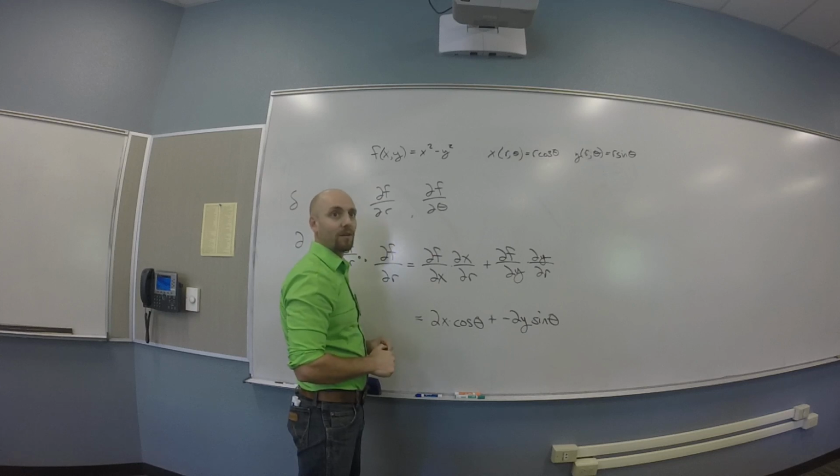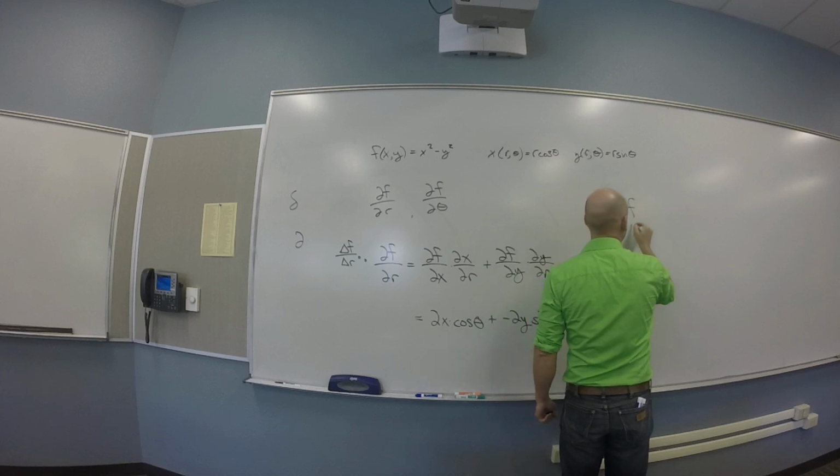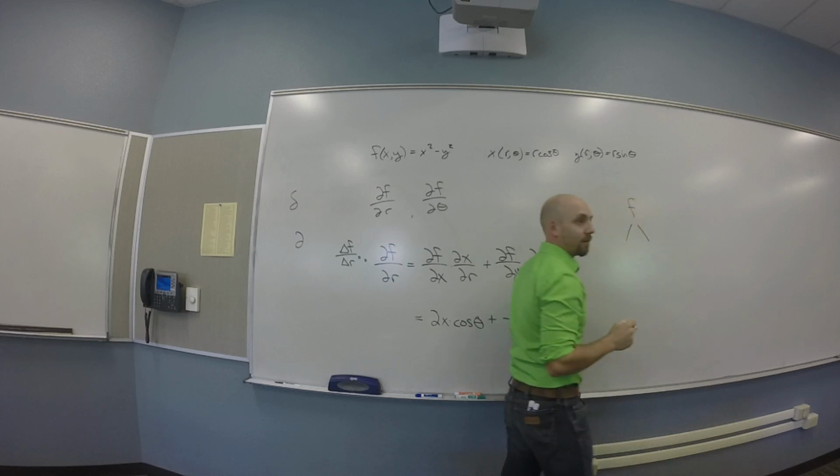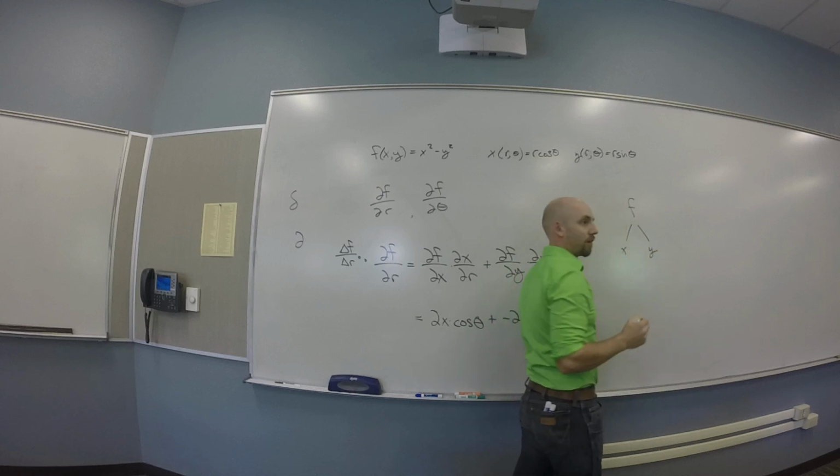So what was the chain rule diagram? A chain rule diagram is this thing. F depends on X and Y, right?